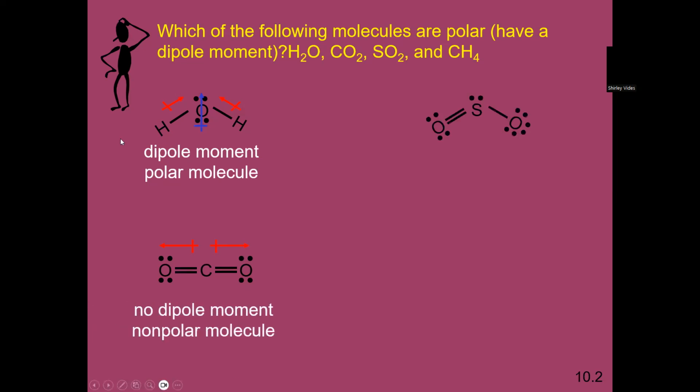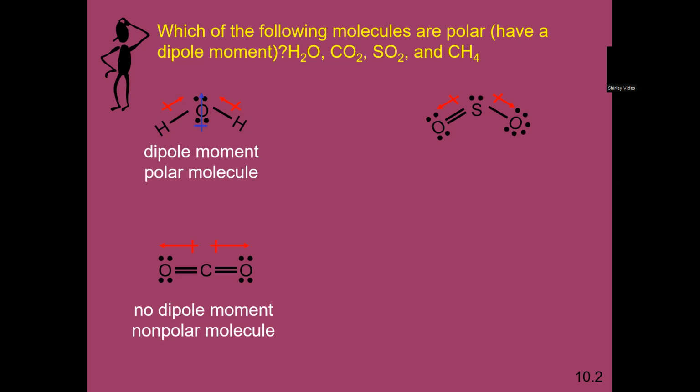The next one that we have is SO2. Remember, sulfur is more to the left of oxygen, therefore it is less electronegative. Again, that would be your positive sulfur, and oxygens would be your negatives. In this case, the imbalance is not superimposable, as in they don't have the same magnitude in opposite directions.